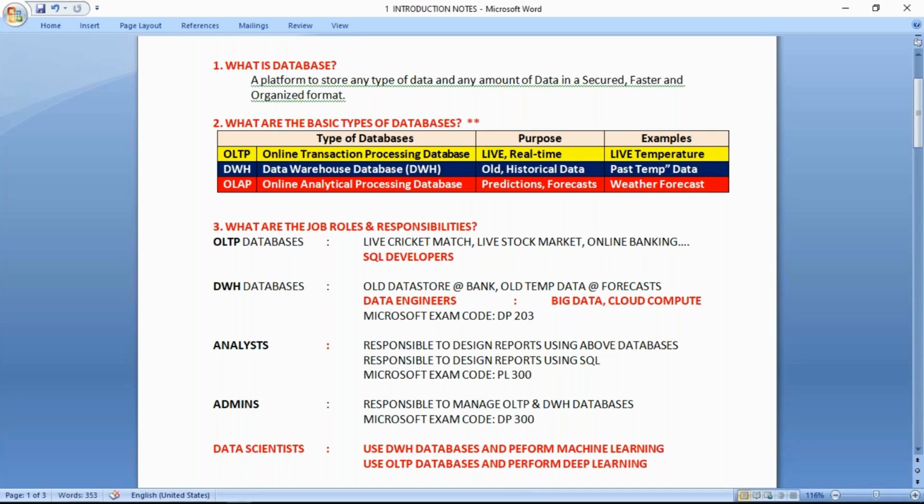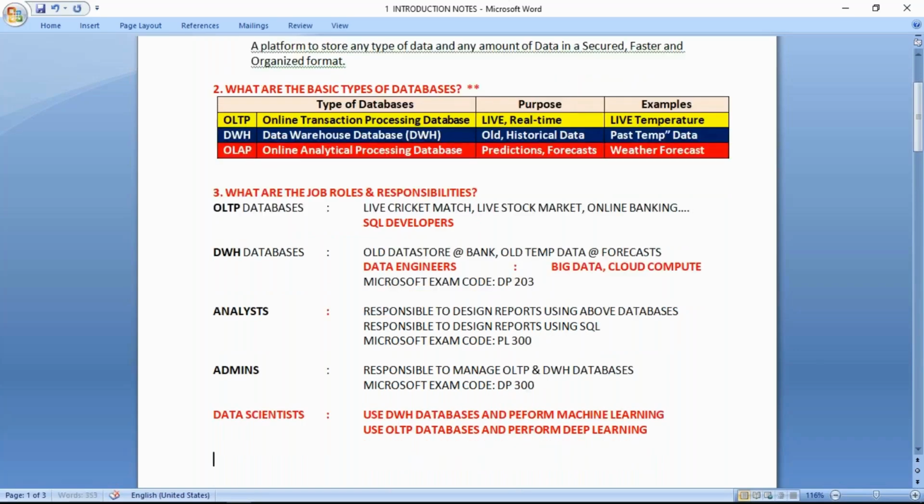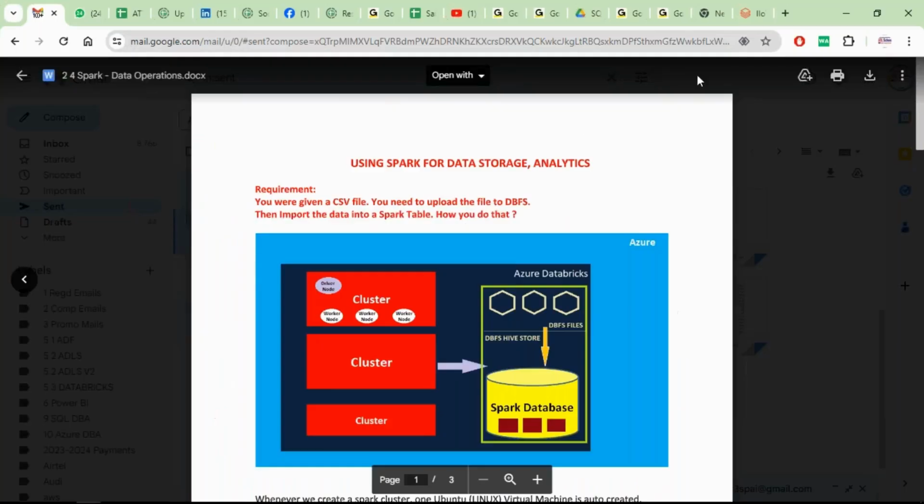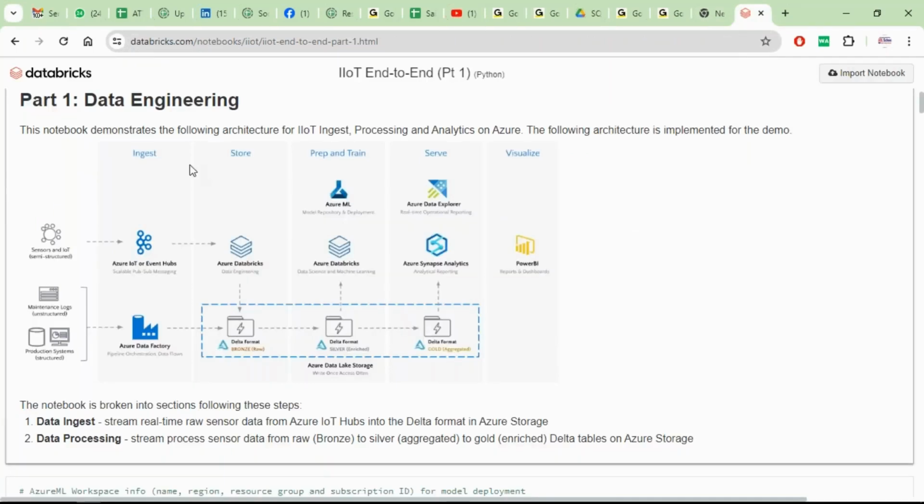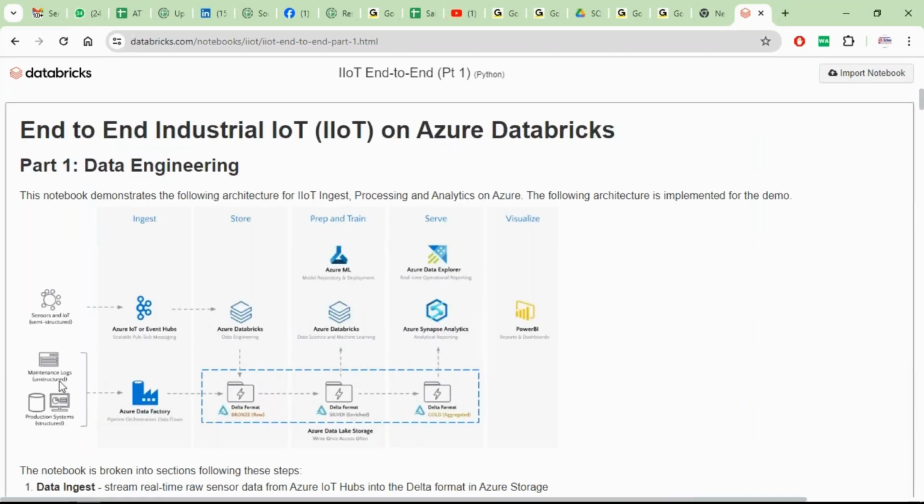Machine learning is different, deep learning is different. The end-to-end project implementations always involve multiple teams: database developers, data engineers, machine learning, Power BI. That's called a full stack, data full stack. We need not learn everything, but we need to learn whatever is needed cautiously.